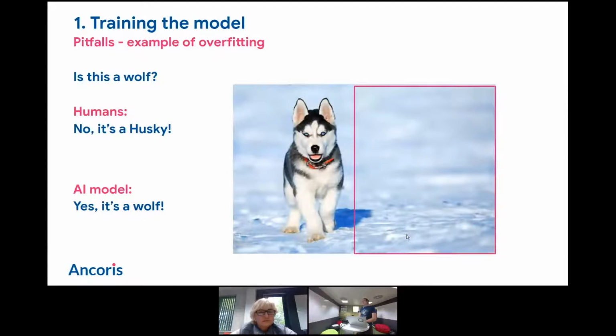The problem they had when they trained this model is that 99% of all the images they fed in contained snow, or snow in combination with trees. So the model looks at this image and says, I can see loads of snow in there, so based on what you told me in the training set, this is statistically likely to be a wolf. It wasn't looking at anything to do with the actual animal in the picture.